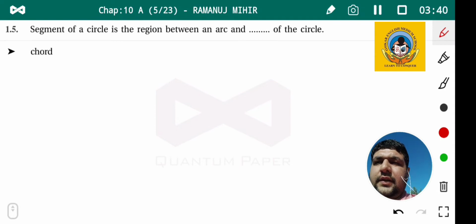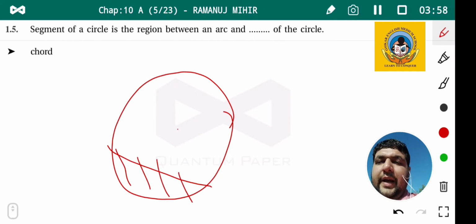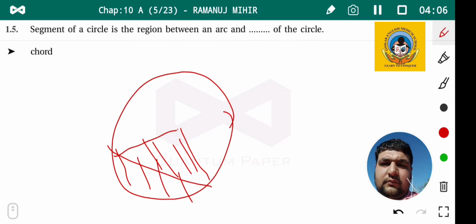Now the next question: a segment of a circle is the region between an arc and a chord. See, if this is a circle and you make an arc on the circle, this region is called a segment. And this region with the triangle is called a sector. It is very easy to understand.